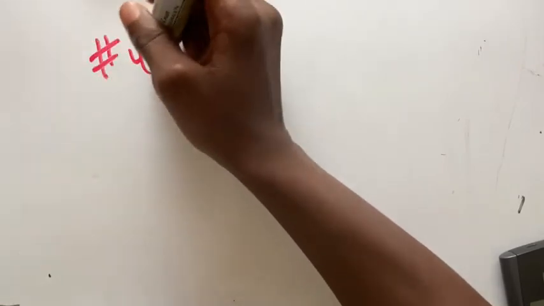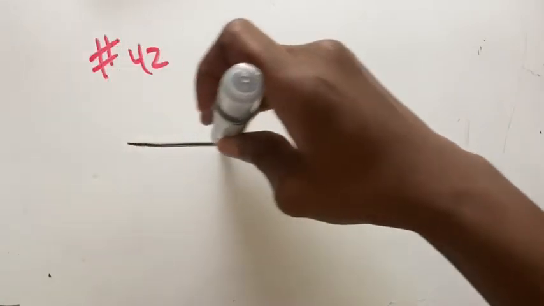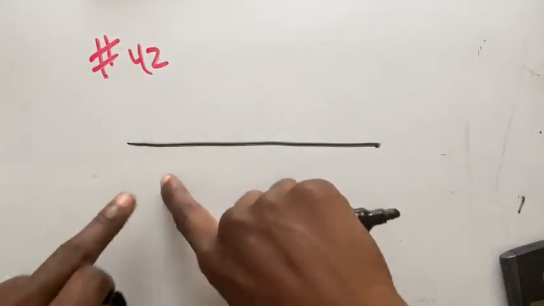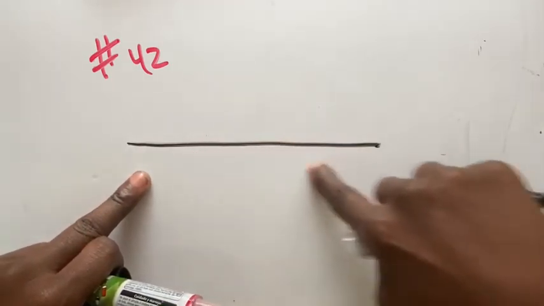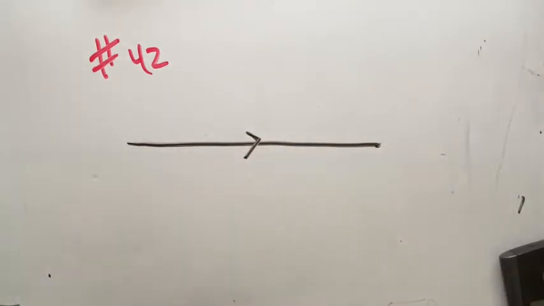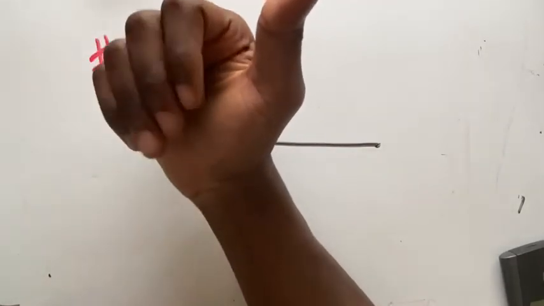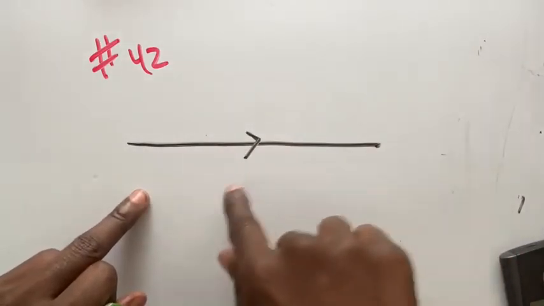42 says the magnetic field lines of a straight current carrying wire. So we know since magnetic fields are caused by moving charges, this wire here has a current, so it has some moving charge, so it must have some magnetic field. And the way we know that it's going around is, it's kind of like a right-hand rule, but for straight wires.